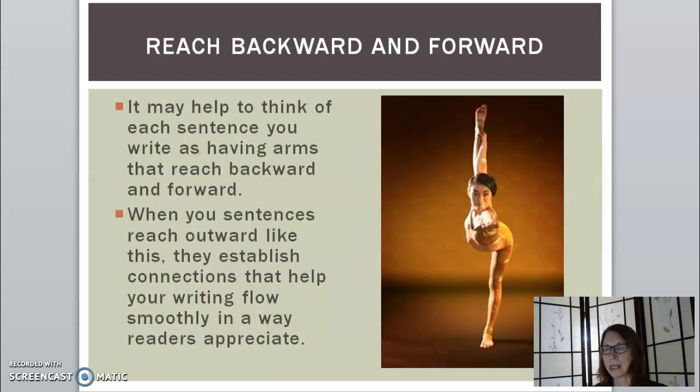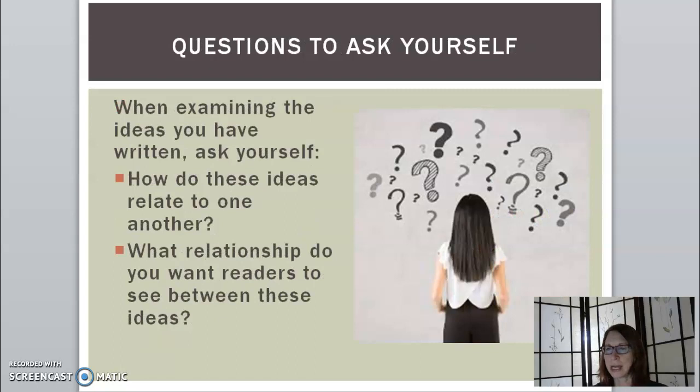You can think about it like each sentence has arms that are reaching backwards and forwards, and that creates flow in your writing, and readers really appreciate this. So questions to ask yourself when you're writing and your ideas are shifting: how do these ideas relate to one another? And what relationship do you want readers to see between those ideas?